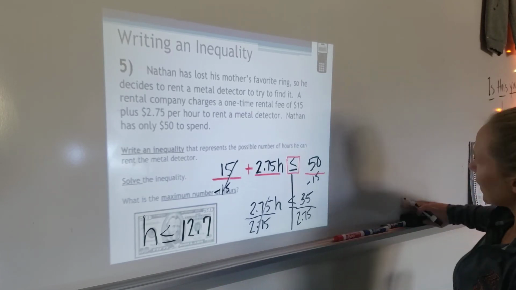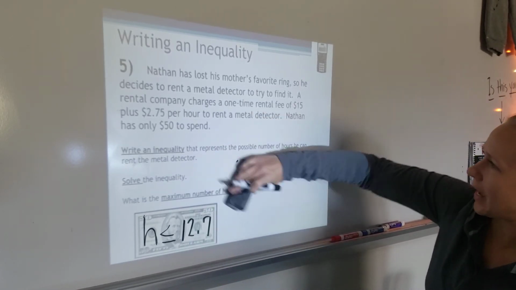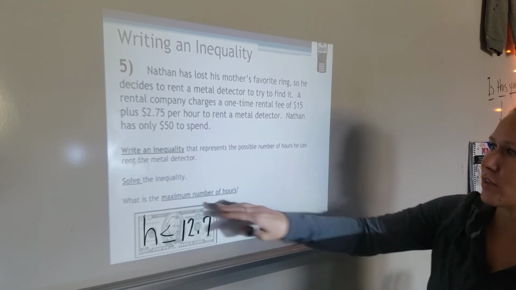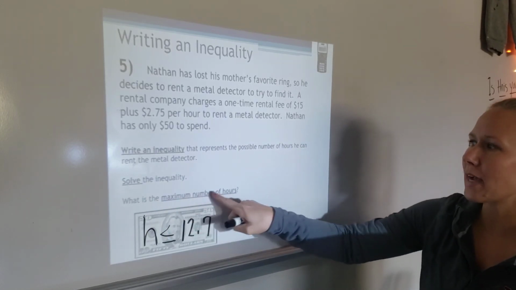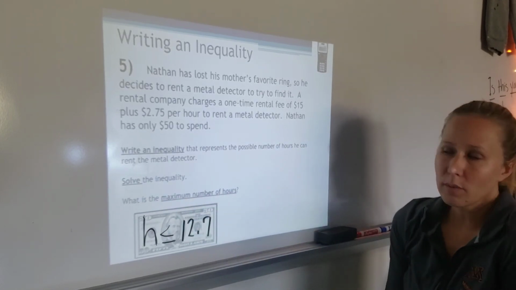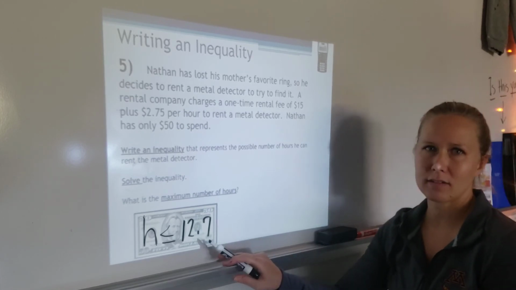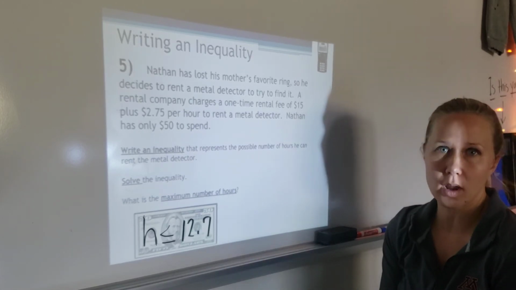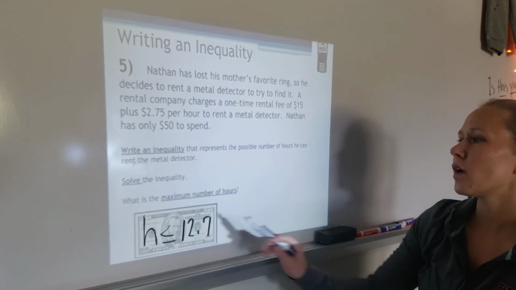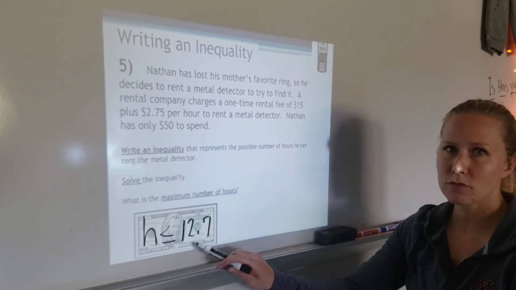So now let's see if we can answer the second part of the question. What's the maximum number of hours? Well, I would assume that this is total hours, right? So could I rent it for 13 hours?